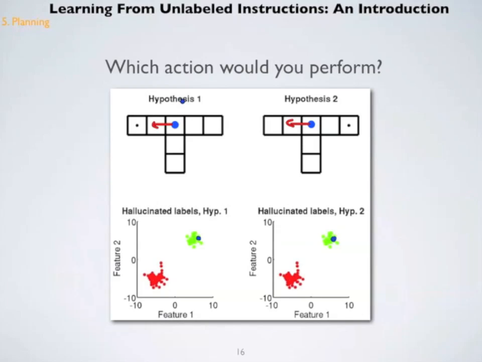For hypothesis 1, it will be good, so it will be green. And for hypothesis 2, it will be a bad move because you're going away, so it will be red. And you can see that we broke the nice structure of the data we had before, and we can see that hypothesis 1 in this case is more likely than hypothesis 2.